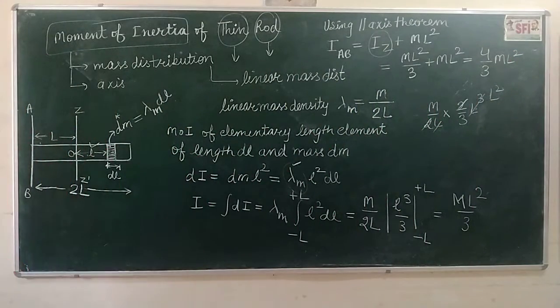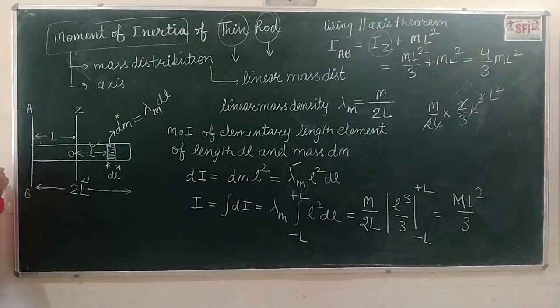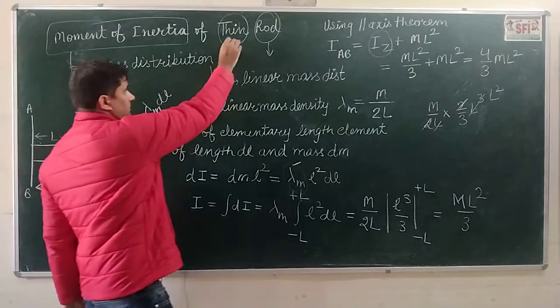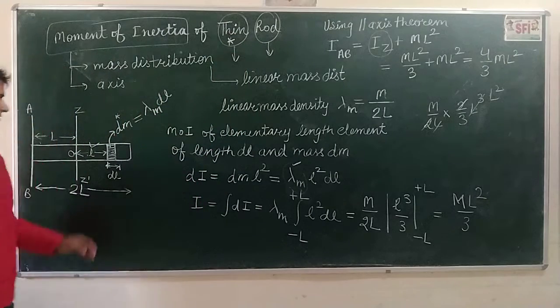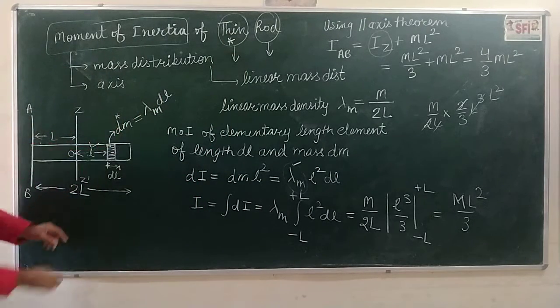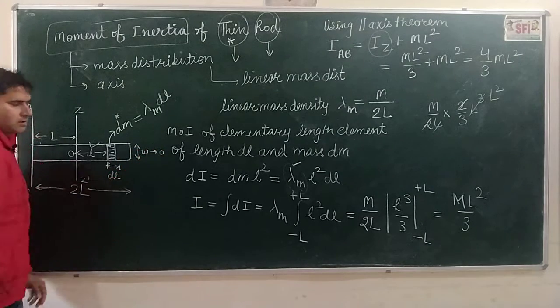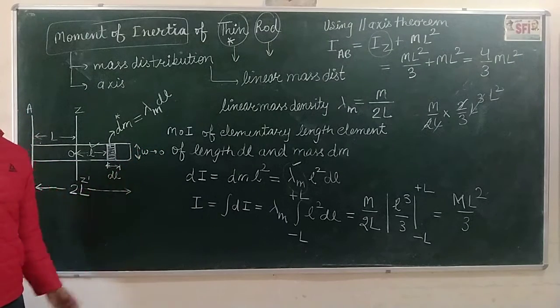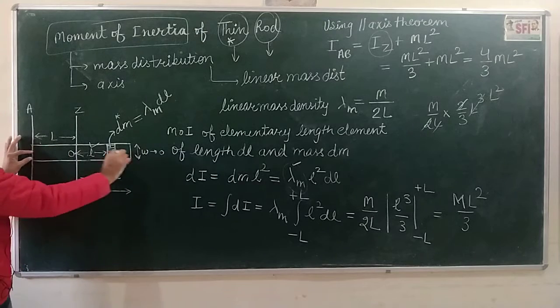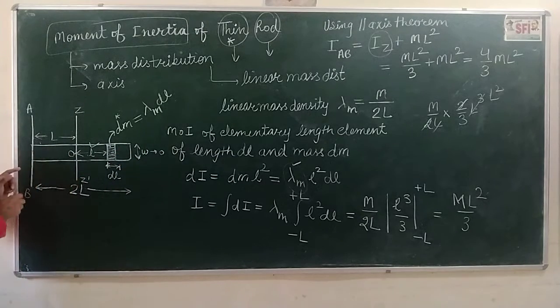Getting it? Now you can think of the moment of inertia. You are to focus that the rod is thin. This thickness here we have taken negligible. We are neglecting it because this is very thin. Why am I telling this?